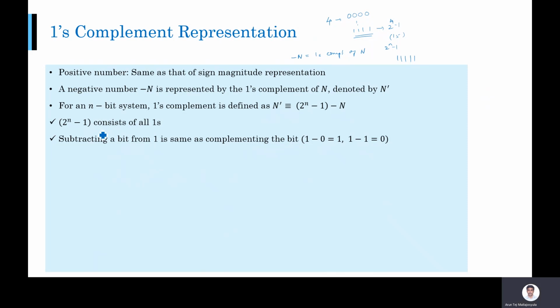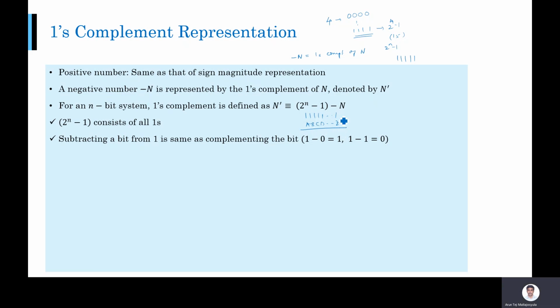Now what are you doing? To take the 1's complement, what are you doing? You are taking 2 to the power of n minus 1, which is all 1. And then from that you are subtracting your number, whatever is your number, A, B, C, D. Let us say your number is something like this. Okay, so you are basically doing this subtraction bit by bit, right? So when you are doing this bit by bit subtraction from 1, what are you going to get?